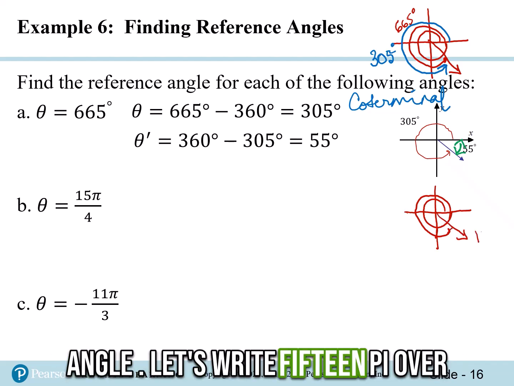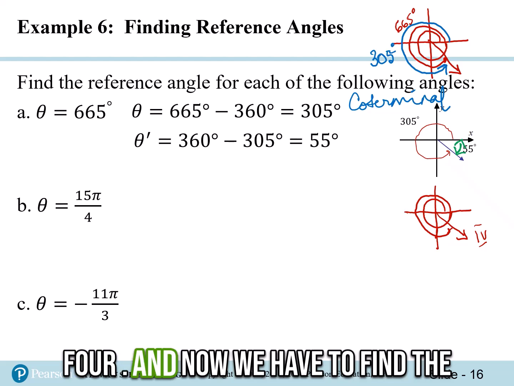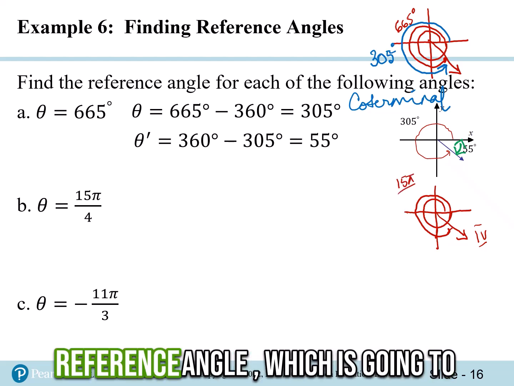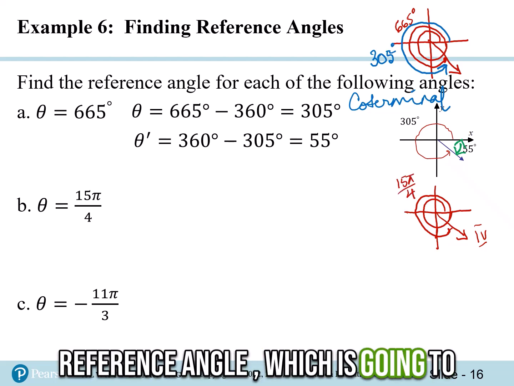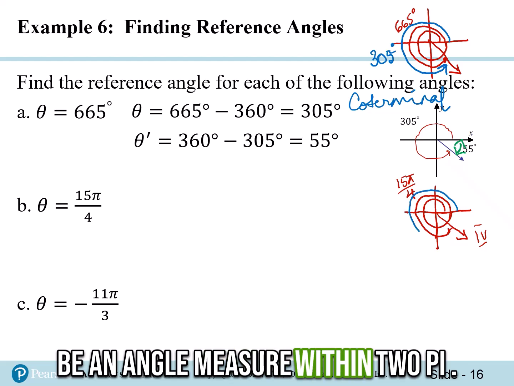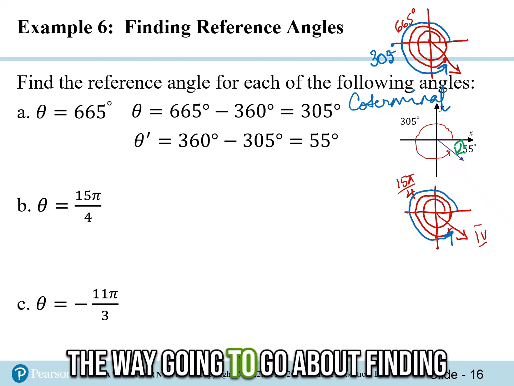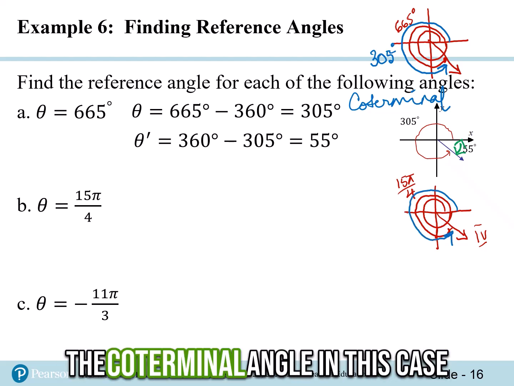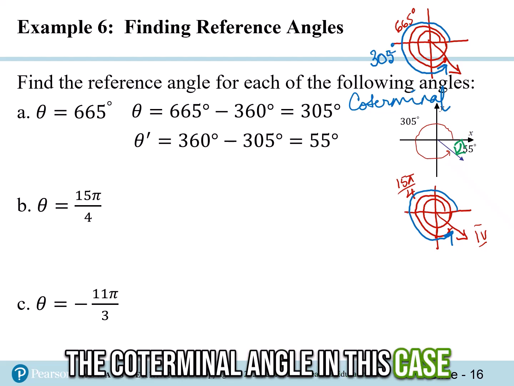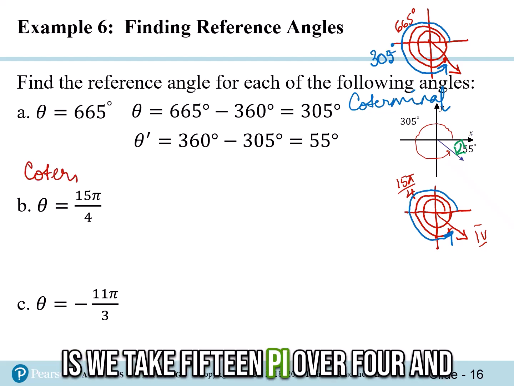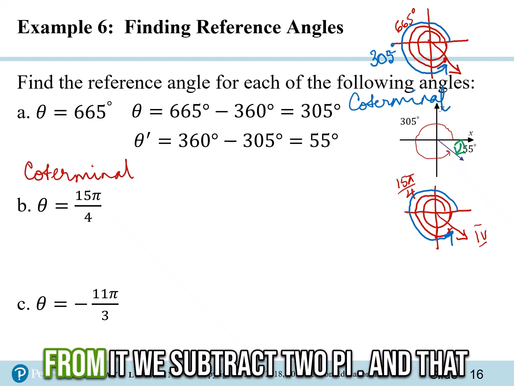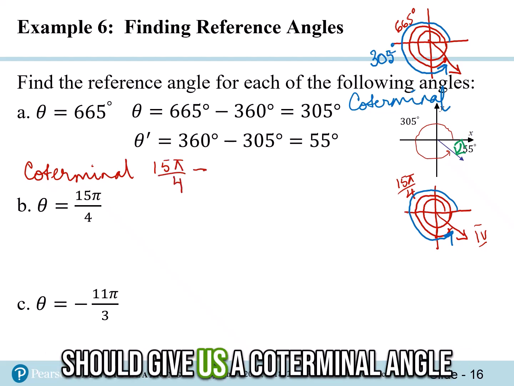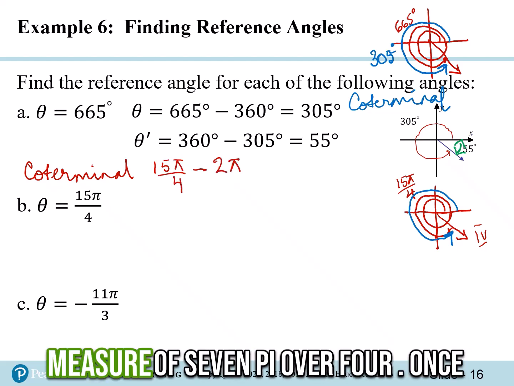Let's write 15 pi over 4, and now we have to find the reference angle, which is going to be an angle measure within 2 pi. The way to go about finding the coterminal angle in this case is take 15 pi over 4 and from it we subtract 2 pi. And that should give us a coterminal angle measure of 7 pi over 4.